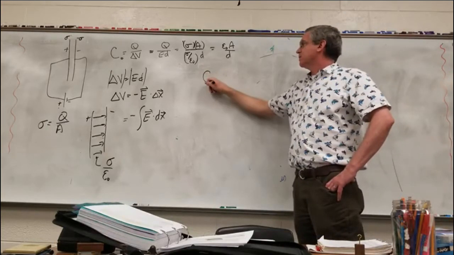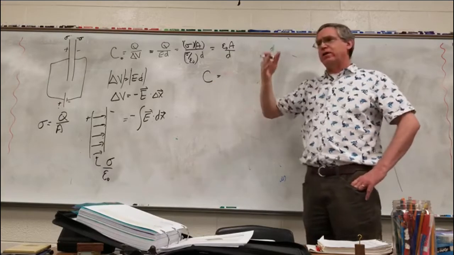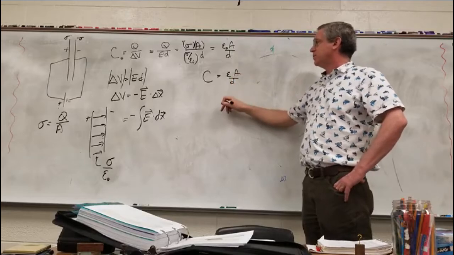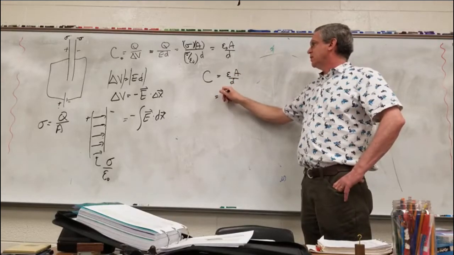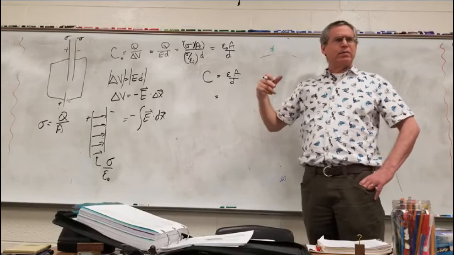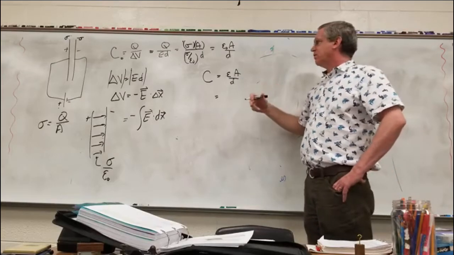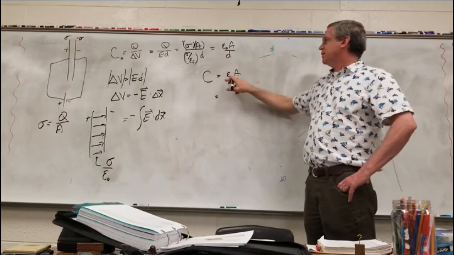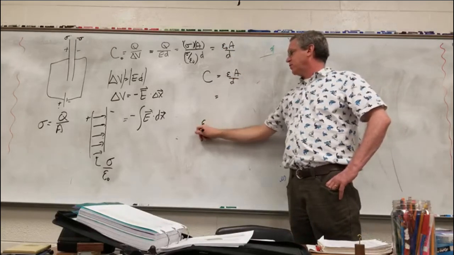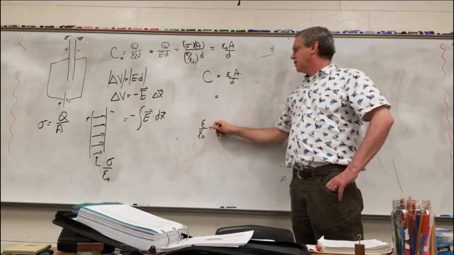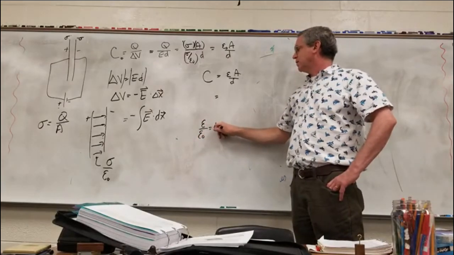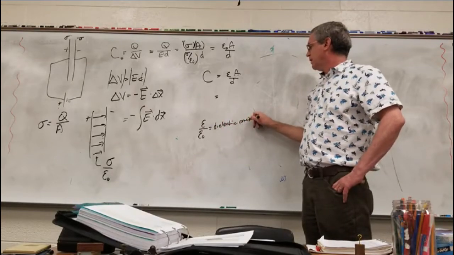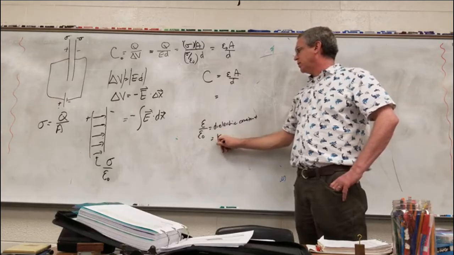If we had a dielectric in there, then this would just be epsilon A over d instead of epsilon sub 0. And I think somewhere near the end I talked about relative permittivity, the fact that epsilon sub 0 is the smallest permittivity, and so they came up with this ratio of epsilon over epsilon sub naught, which is the dielectric constant, which is equal to kappa.